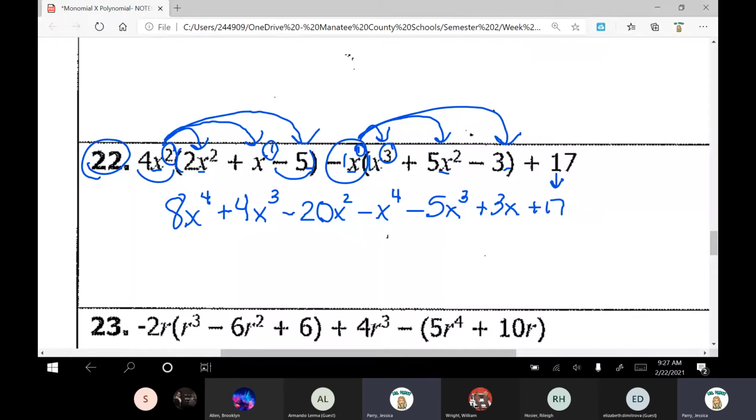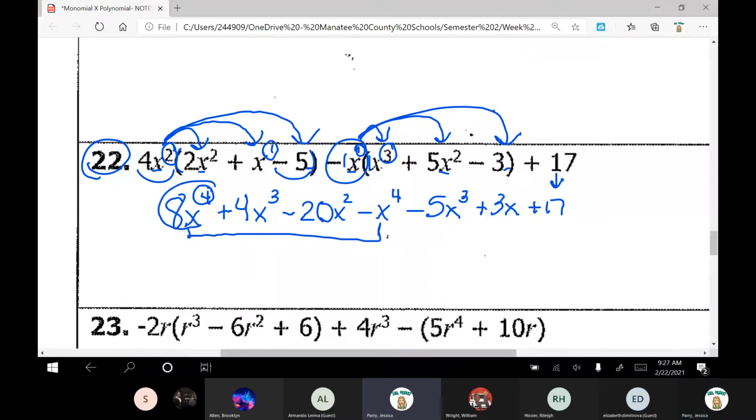We have highest exponent is 4. Is there anything else I can combine that 8x to the power of 4 with? What coefficient can I combine it with if that helps? So I'm going to combine this 8x to the power of 4 with this other one that has x to the power of 4.